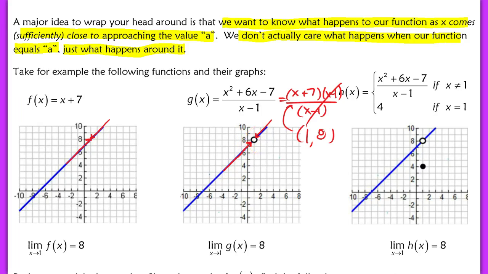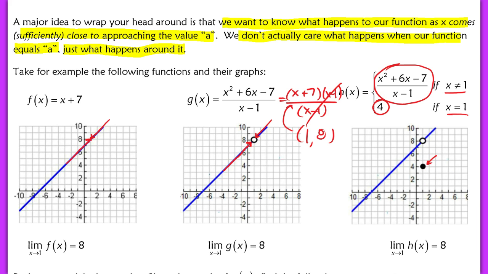Okay, and finally we have the graph of h of x here, which is a piecewise function. Now, it's defined with that same rational function for all values of x except for x equaling 1. So we do have a linear function here with a hole at 1, 8, the exact same graph as g of x. However, we define at x equals 1 the point 1 comma 4. So here we have that point 1 comma 4.